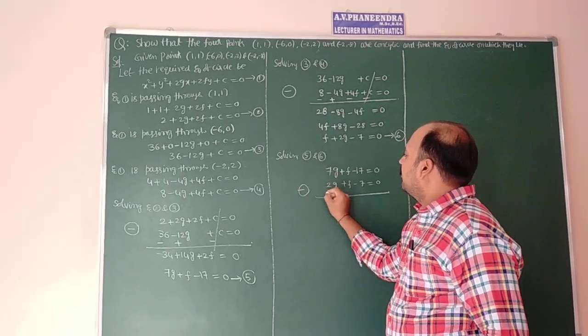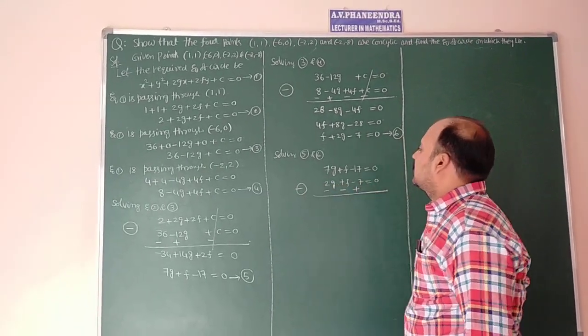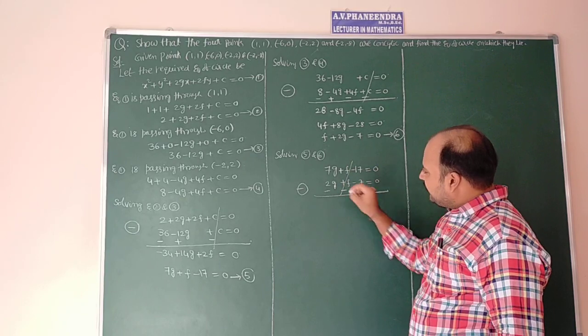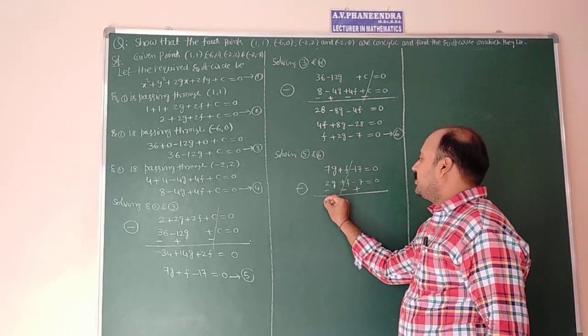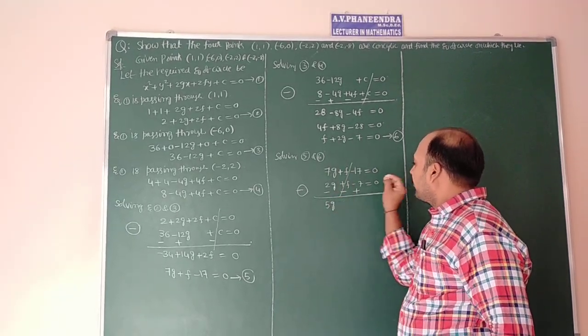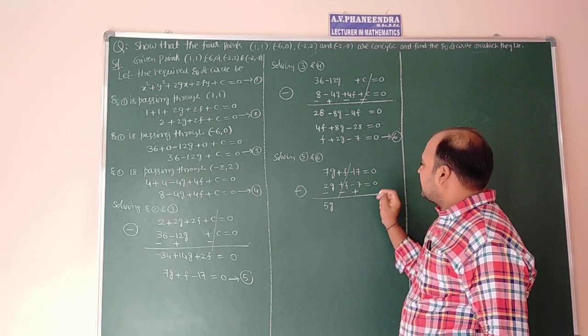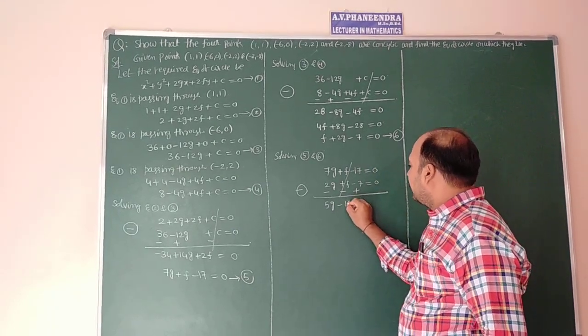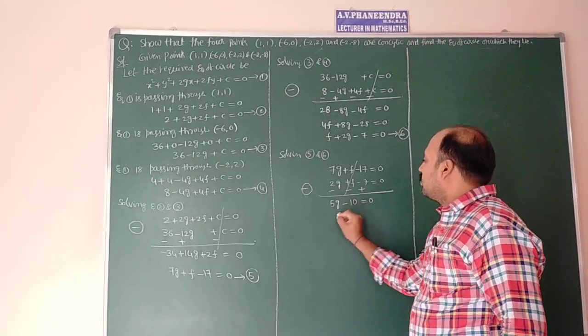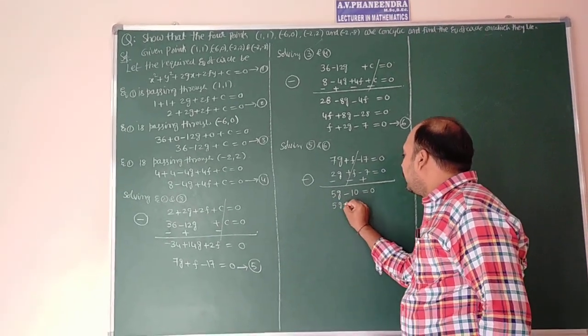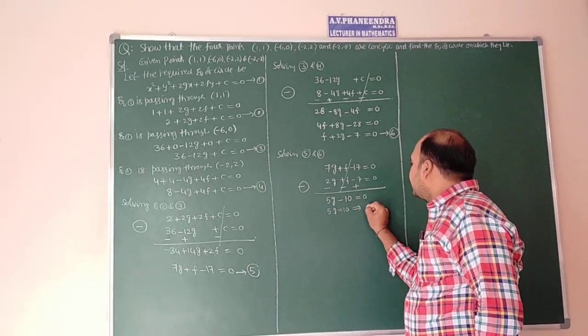Subtracting, sign change. Plus f minus f get cancelled. 7g minus 2g is 5g. Minus 17 plus 7 is minus 10. So 5g is equal to 10. That implies g equal to 2.